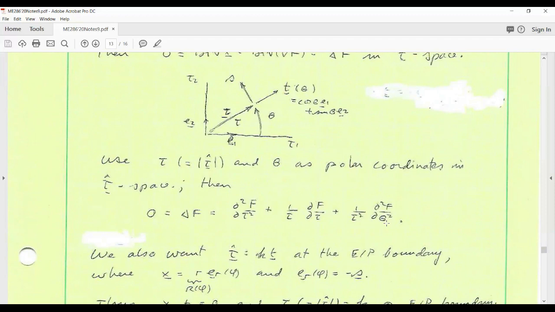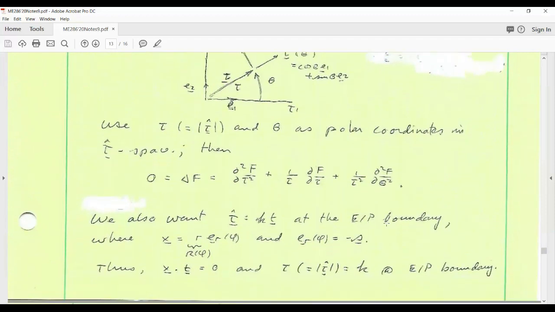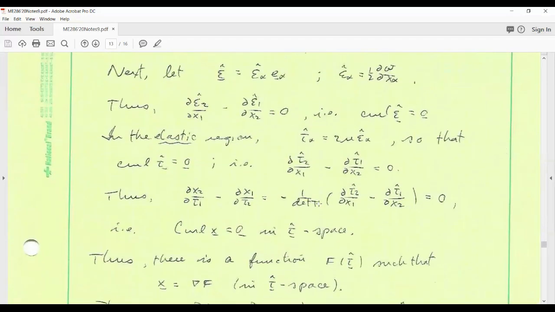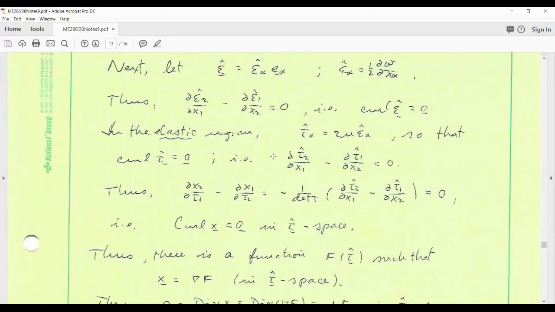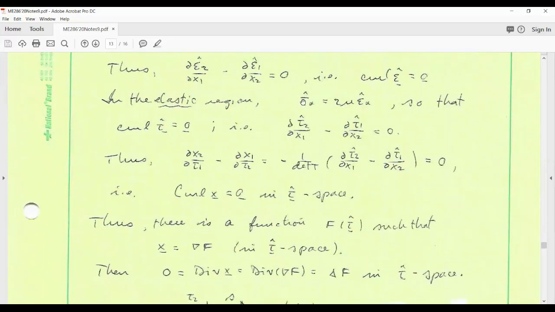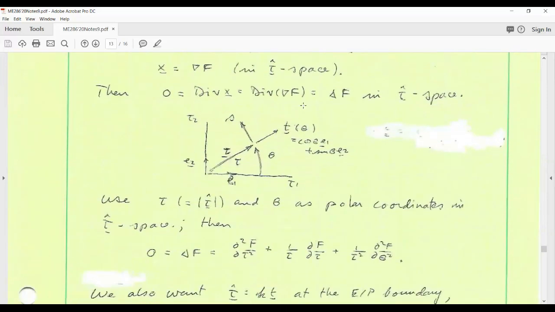Okay, so what conditions do we want? We're in the elastic region. We're trying to find a solution in the elastic region here, right? So you recall, because we use this elastic constitutive relation, in the elastic region we can do this because there's no plastic strain. Right?